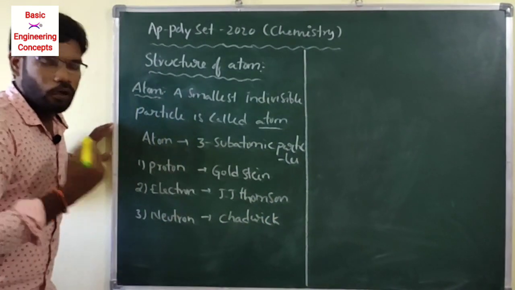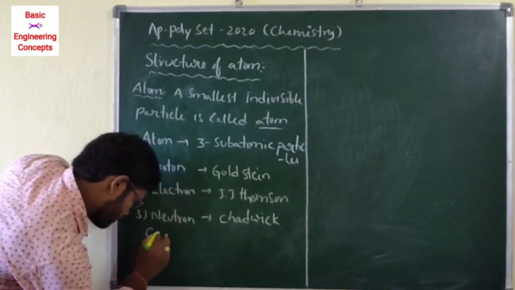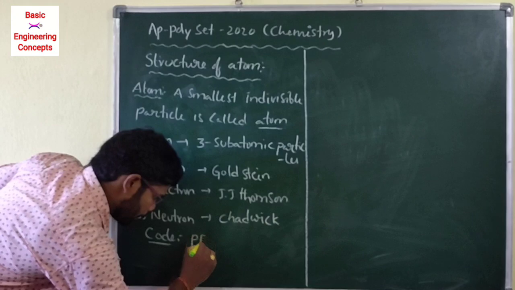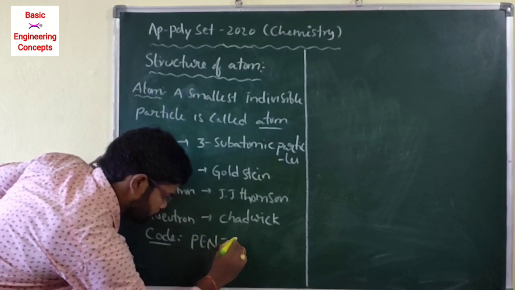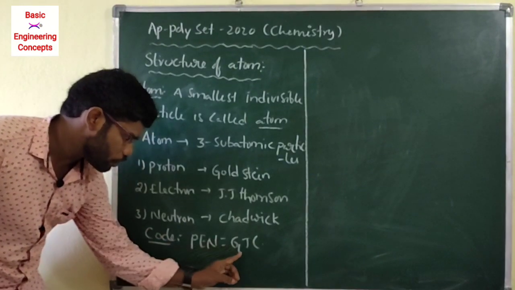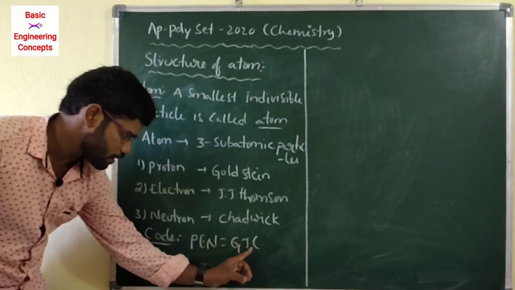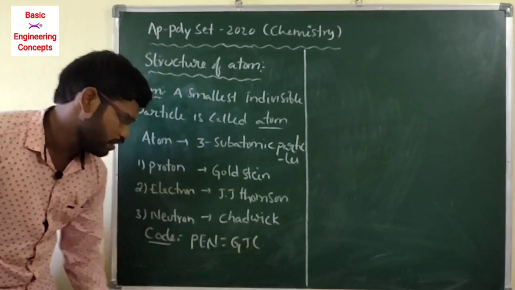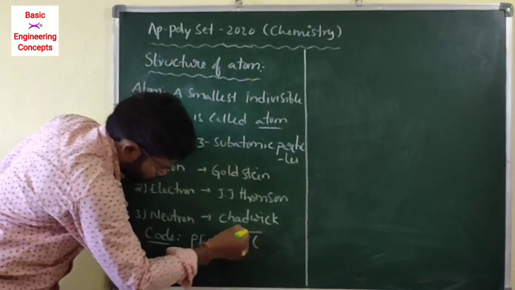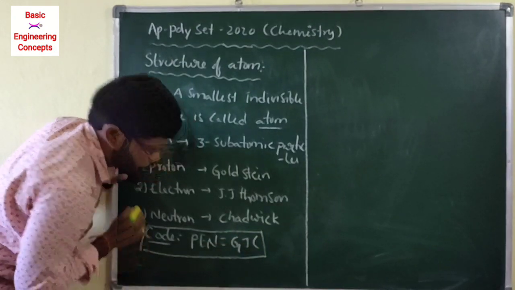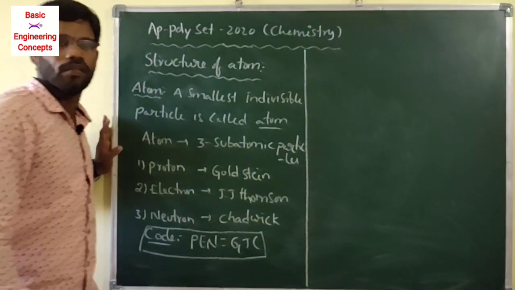One code is there, students, that is easily identified: PEN equal to GJC. So proton means Goldstein, electron means J.J. Thomson, neutron means Chadwick. This is the simplest code for the discoverers of proton, electron and neutron. It is very important, students.